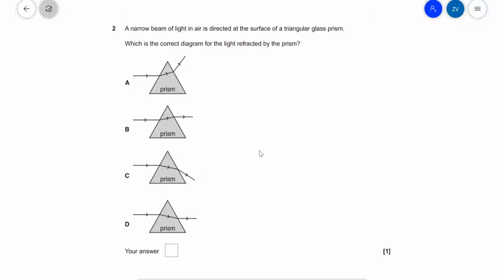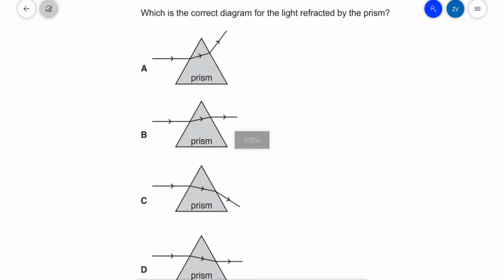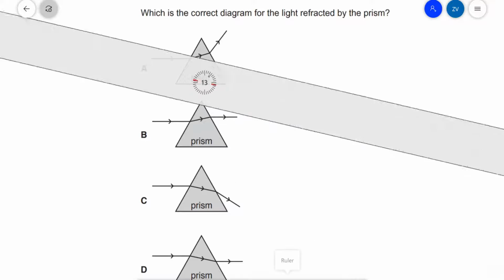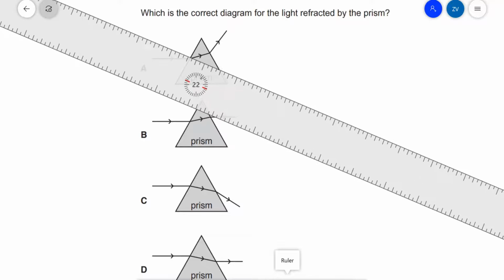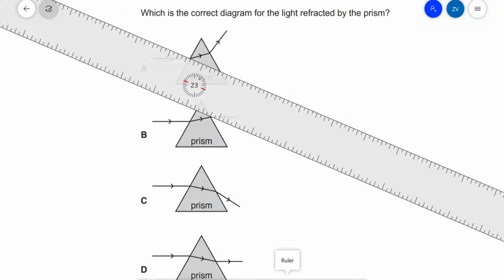Question 2. We have a narrow beam of light in air directed to the surface of a glass prism. Which is the correct diagram for the light refracted by the prism? Okay, so first of all, when the light enters, it should bend towards the normal, and the normal is a line at 90 degrees to the surface, so it's going to be about there somewhere.